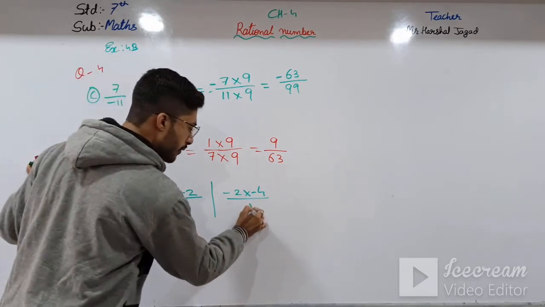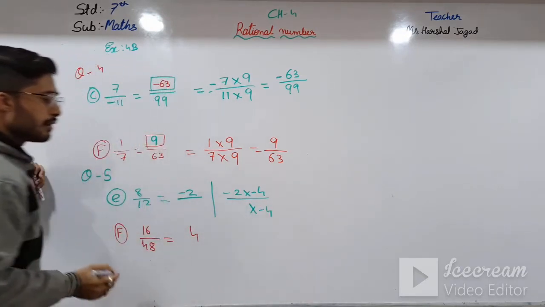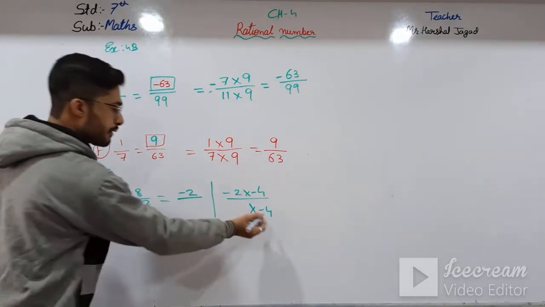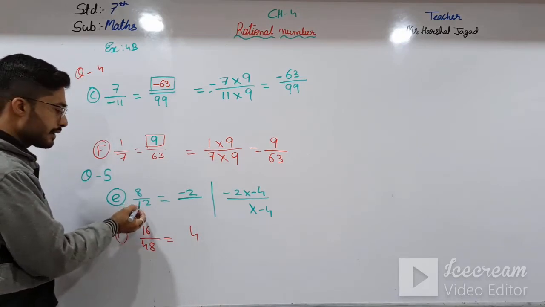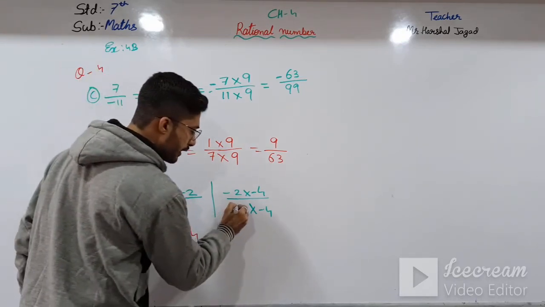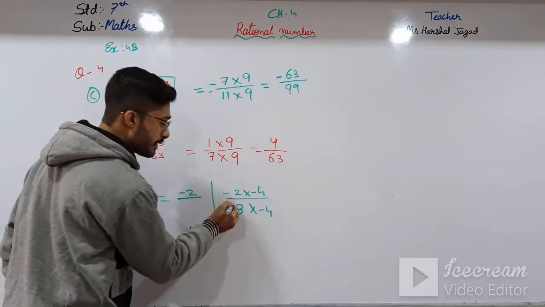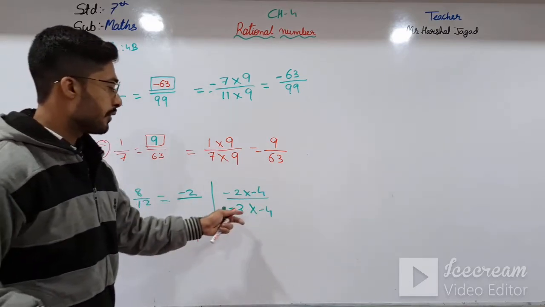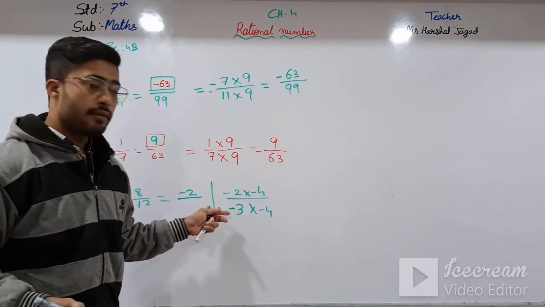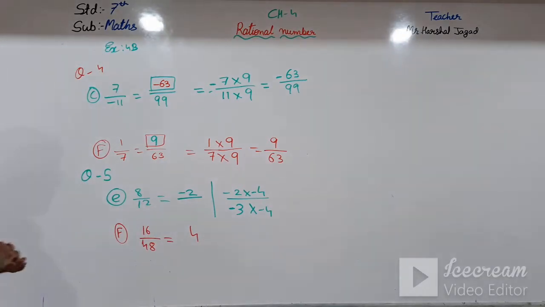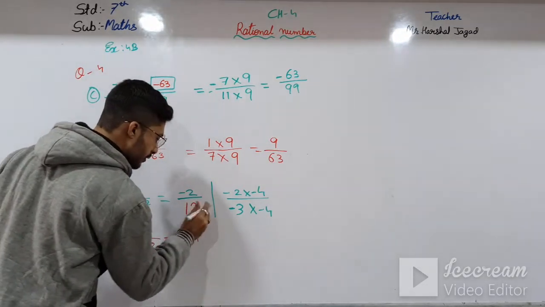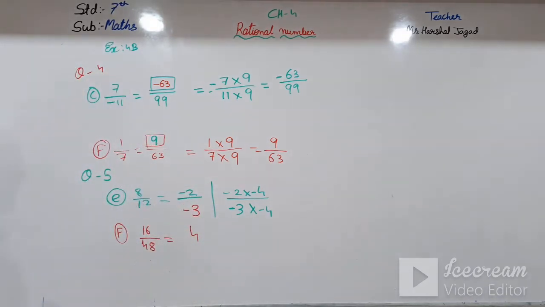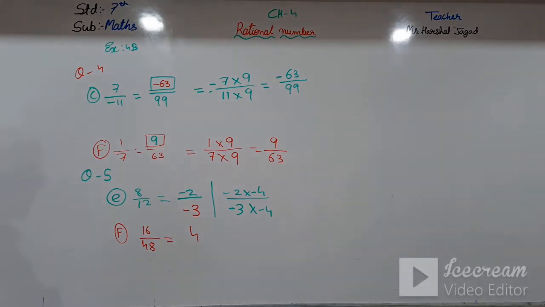So in the downside also we have to multiply with minus 4. Now what should be multiplied by minus 4 to get the answer 12? Minus 4 into minus 3, that is 12, plus 12. Sorry, here it has to be minus 3, that is your answer.